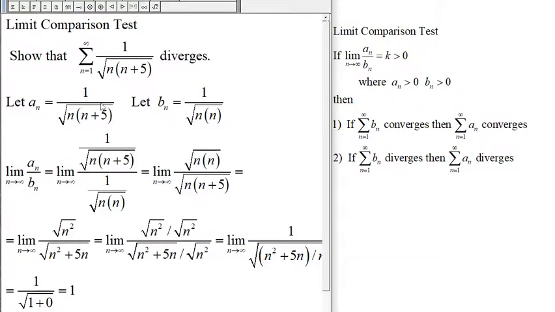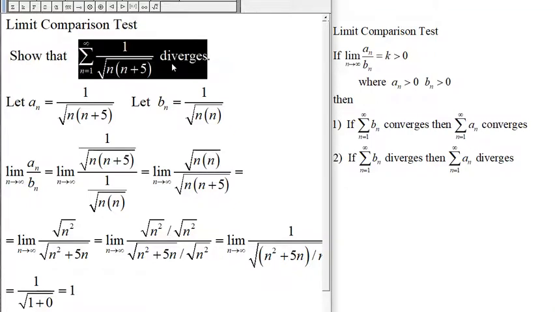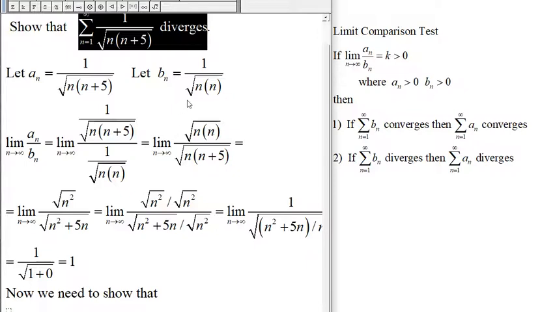And so the series b sub n is the series without the 5.